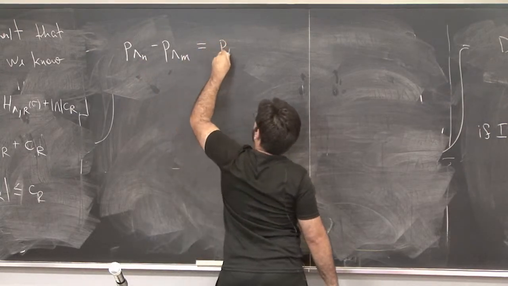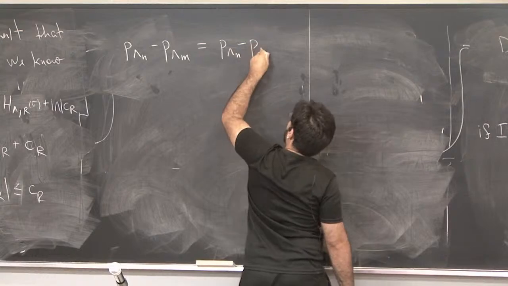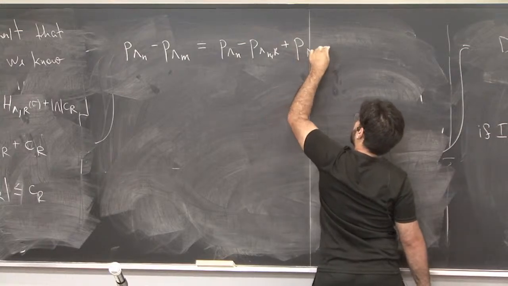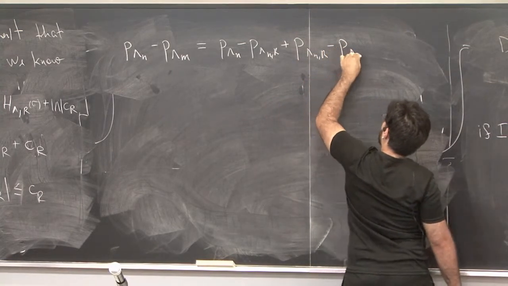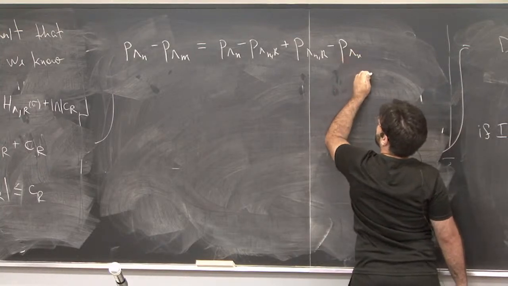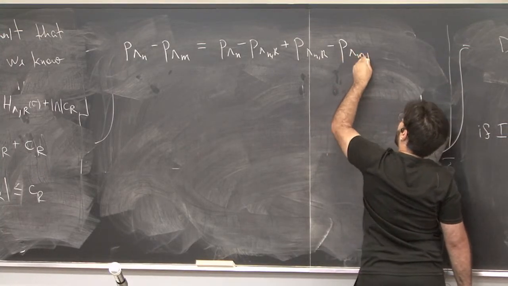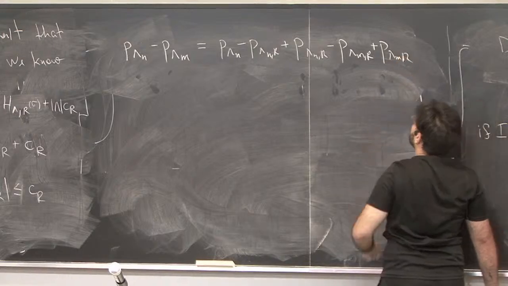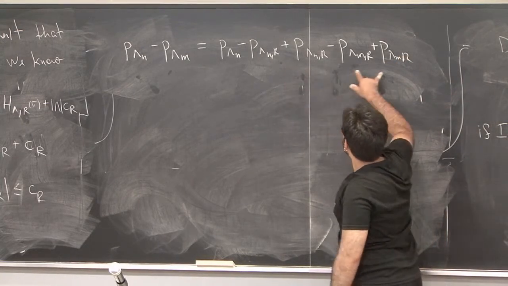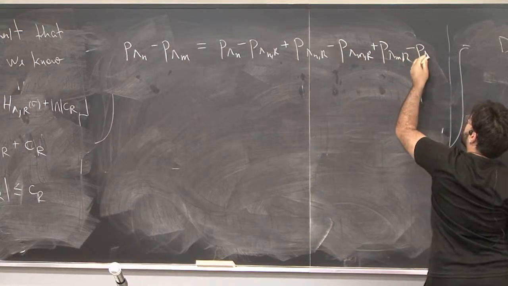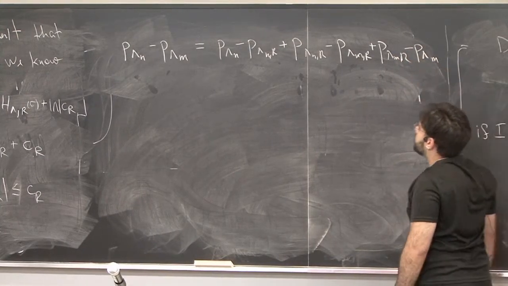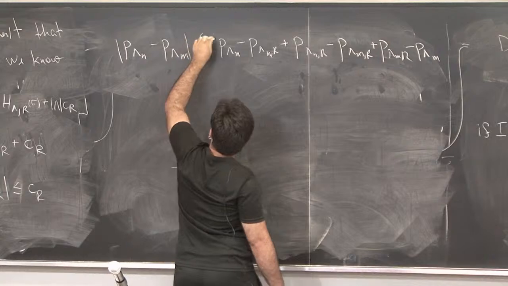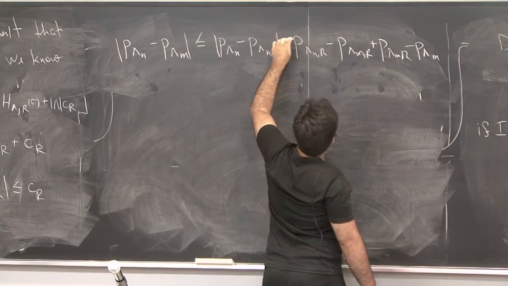This will be P lambda n minus P lambda n r plus P lambda n r minus P lambda m r plus P lambda m r, okay, so this is 0, minus P lambda m. So by taking the absolute value and using the triangle inequality, we get this.